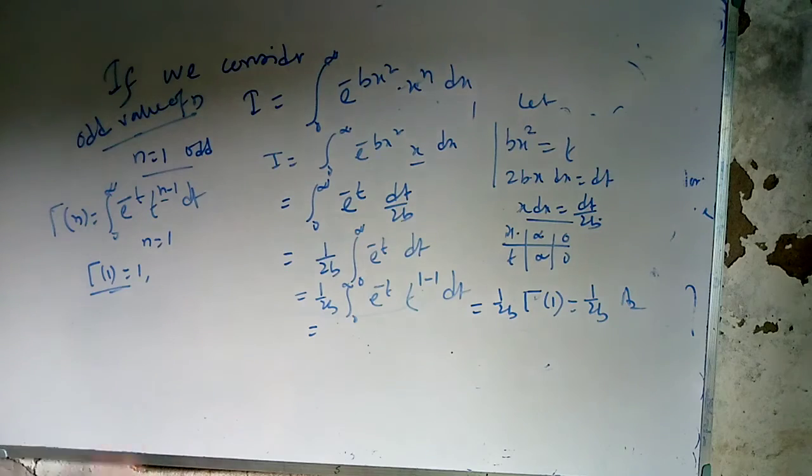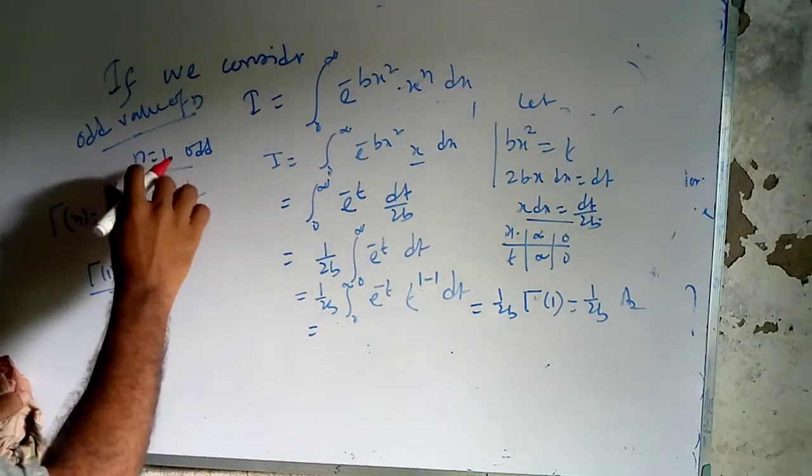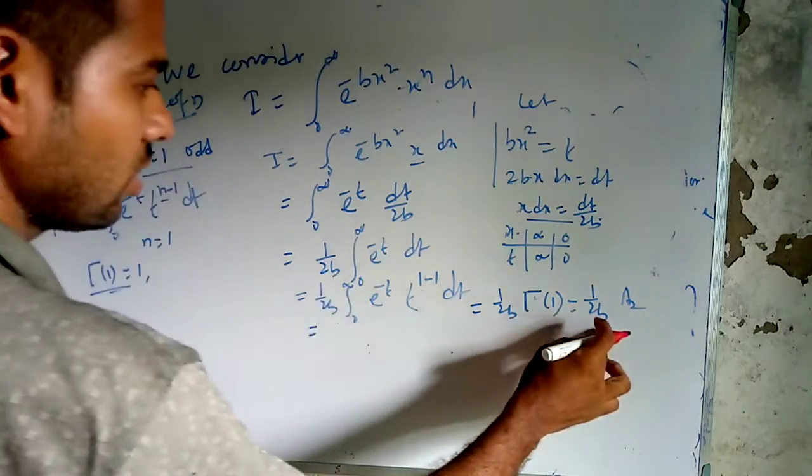This is how we calculate the odd value, giving gamma function of 1 by 2b.